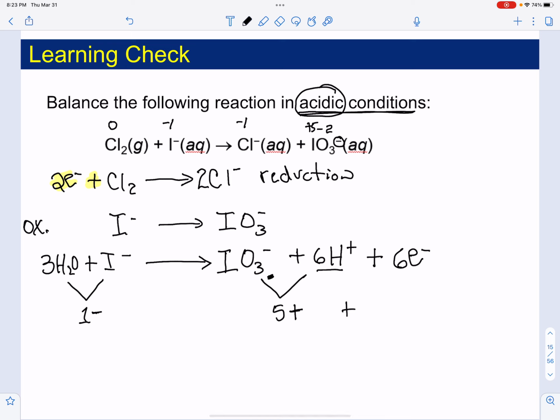That way, we will have 5 plus from the original stuff plus 6 electrons altogether is 1 minus. So now we can see that the charge is balanced on both sides.